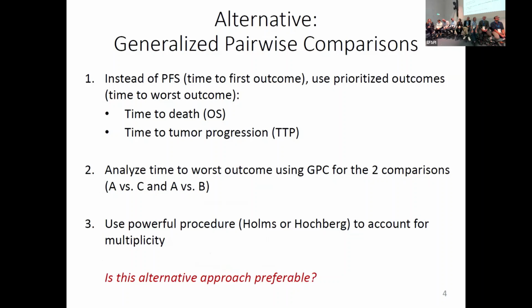So you look at time to death first in your pairwise comparisons, and if the patients aren't dead yet, you look at time to progression, which makes a lot more sense than looking at PFS and OS using this multiple comparison business. And then if you do that, you have one analysis for each of the 2 experimental treatments. And of course, you have to adjust that. There's no way you can avoid adjusting that comparison because you essentially have 2 questions there.